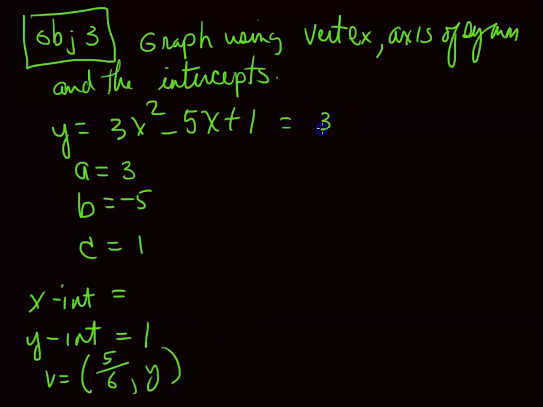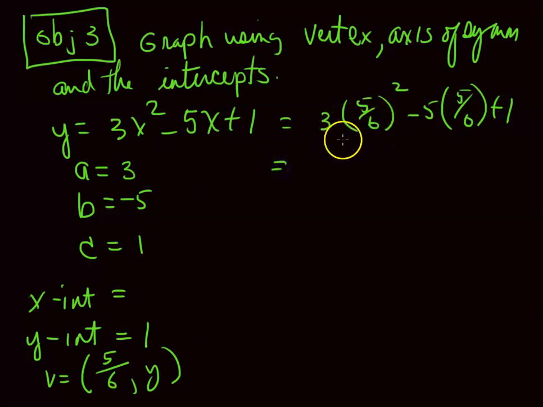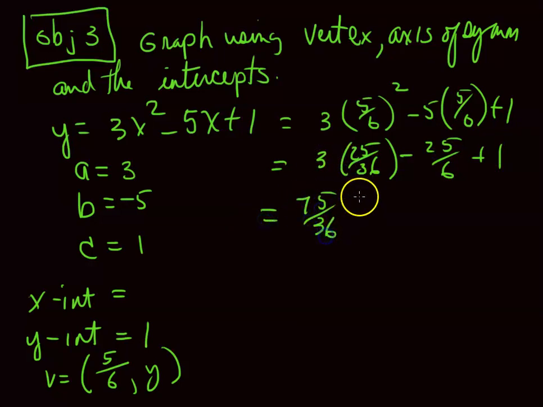So let's see, it's 3 times 5/6 squared minus 5 times 5/6 plus 1. Let's see, this is 25/36, 3 times that. And this is 25/6 plus 1. Times 3, so it's 75/36.